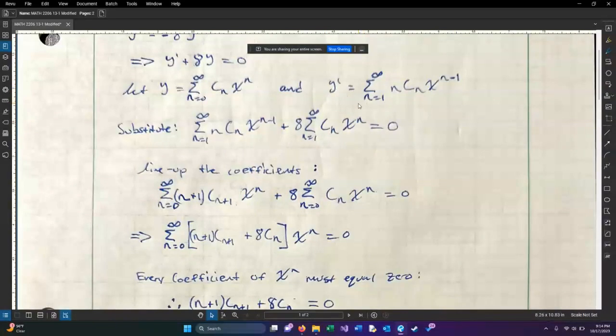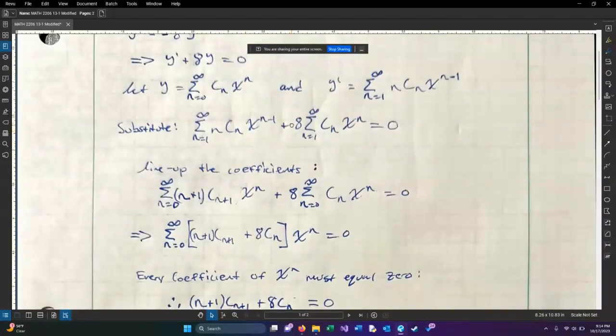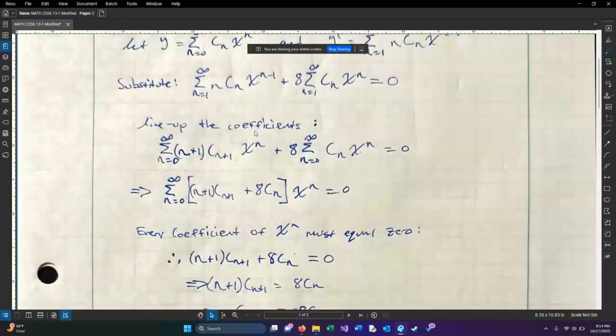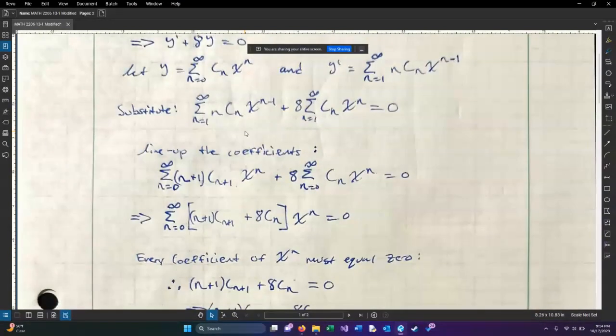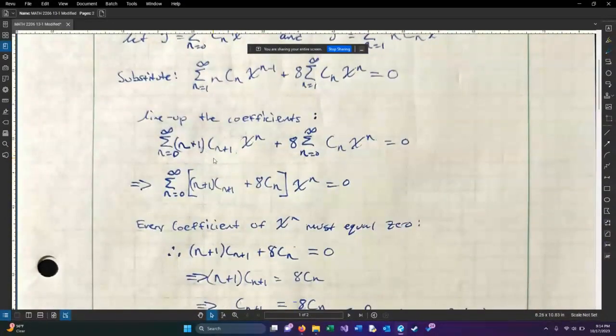So you substitute both of those into the equation, and you get this, and then you have to line up the indexes for the coefficients. In my case, I was able to do that by adjusting the derivative portion so that n becomes n plus 1.